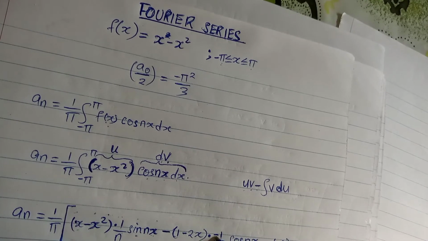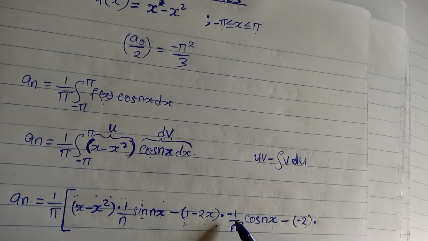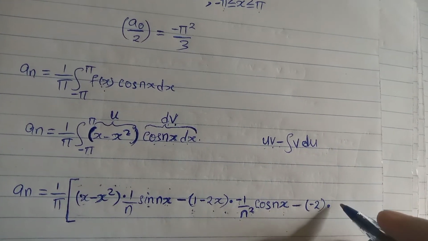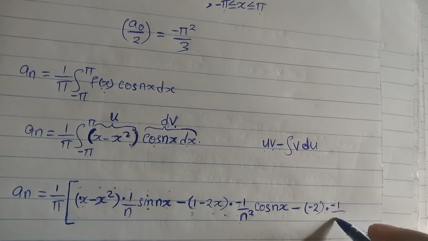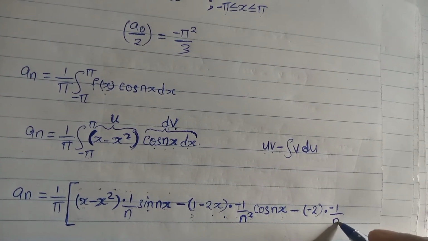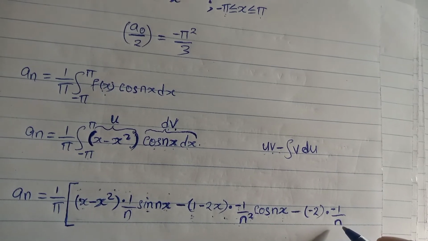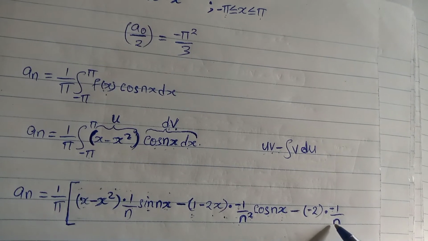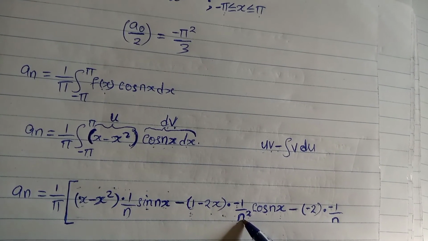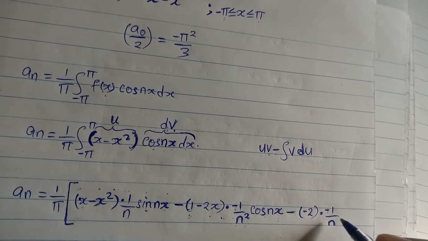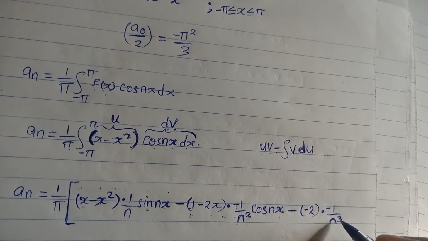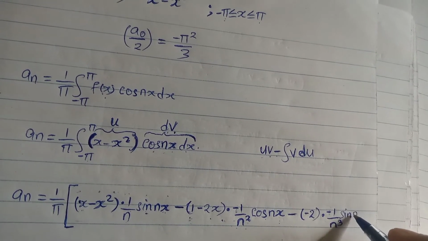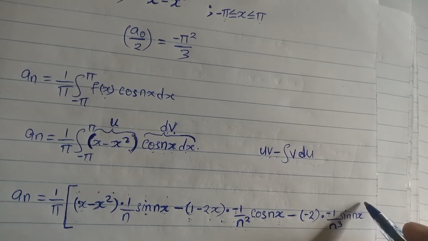Because we have negative here, we move with our negative, so we have negative 1 over n sine nx. Remember, this is the negative which is here. Now, because we have n squared here, once we multiply 1 over n squared with 1 over n, we get 1 over n cubed. Then we put our sign. It will be sine nx.